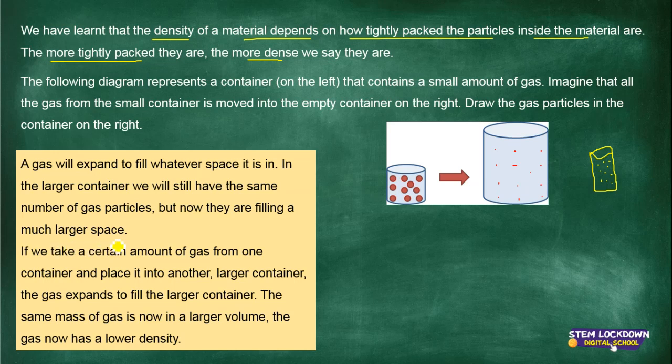Now, if we take a certain amount of gas from one container and put it into another container, then the gas expands to fill the larger container. The same mass of gas now has a larger volume and it has a lower density. Because the volume of the container on your right-hand side is larger, the density is lower.